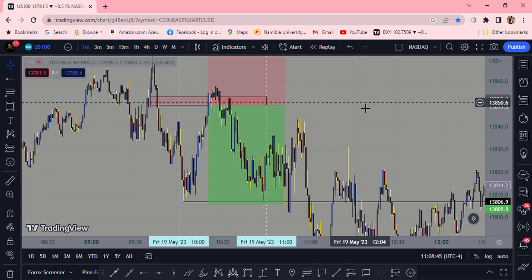Guys, you don't need to know every concept to trade. You just have to find your concept and see if it works with you. There are some people that just trade with FVGs only and they do well. They trade with mitigation blocks, breaker blocks. They just focus on that concept, they backtest it and it works for them. You don't need to know everything.